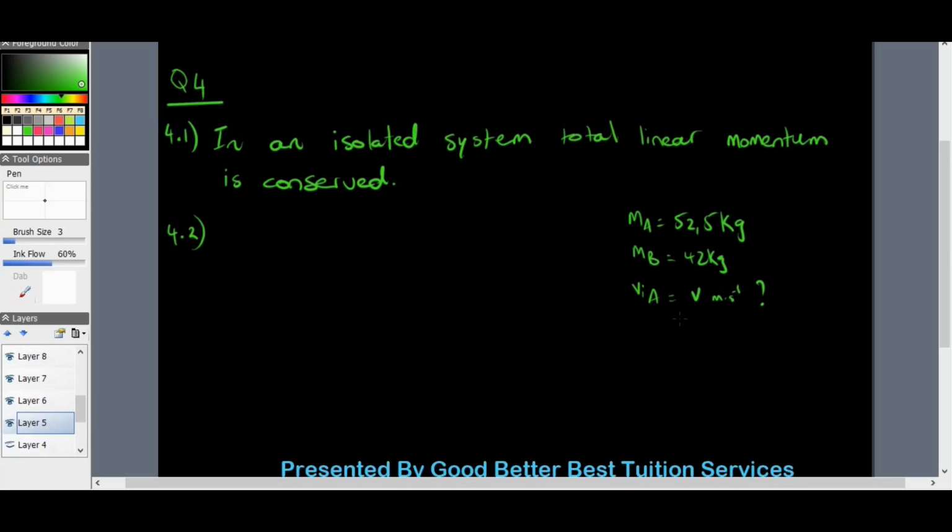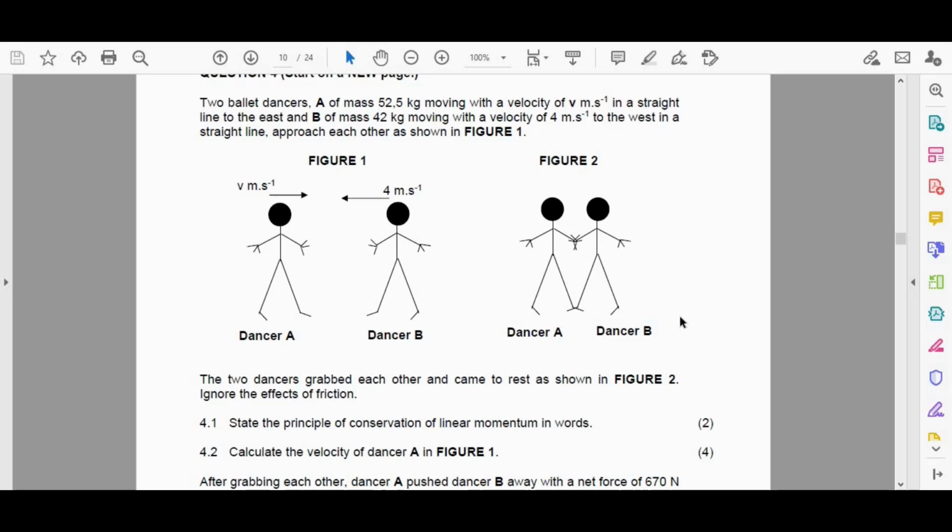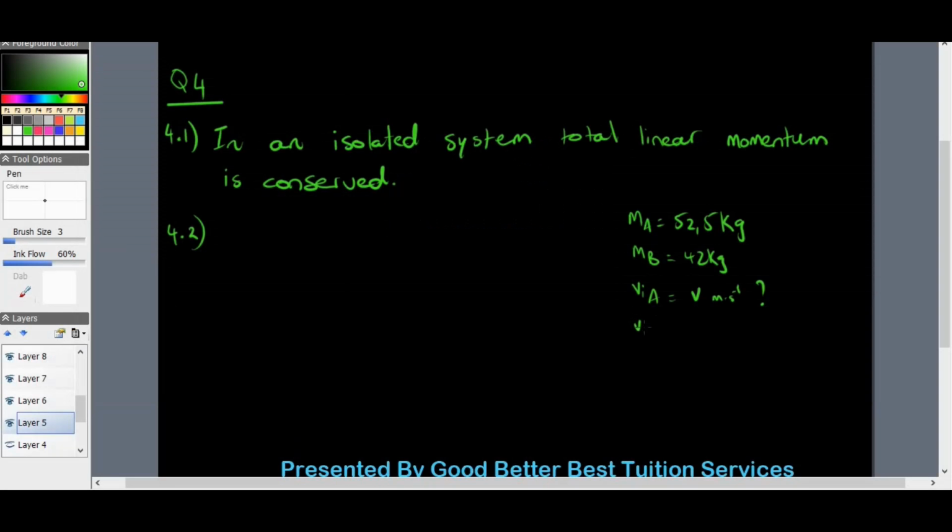We also know that 4 meters per second was the initial velocity of dancer B, but that's going in the opposite direction to east. East is positive, west would be the negative direction, so negative 4 meters per second, west direction. There we go. So we're trying to find out what this value is.